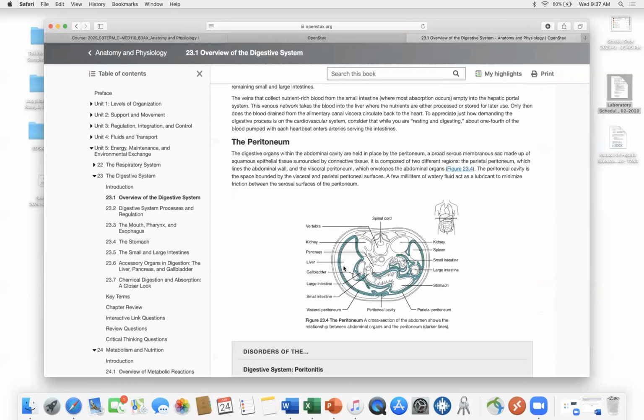Now, the entire abdominal cavity is covered by a double layer covering called your peritoneum. Now, the function of the peritoneum is not only for immunologic, it's got a lot of lymph nodes and lymph vessels in the peritoneum. It's also a nice covering.